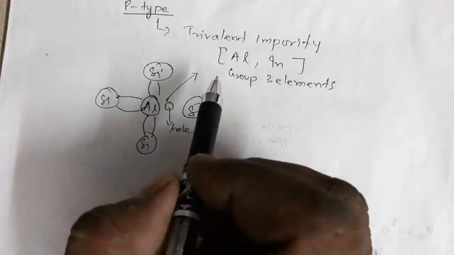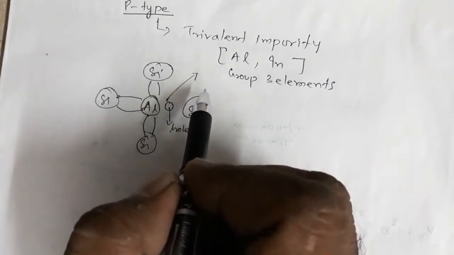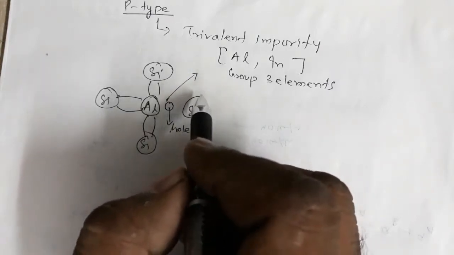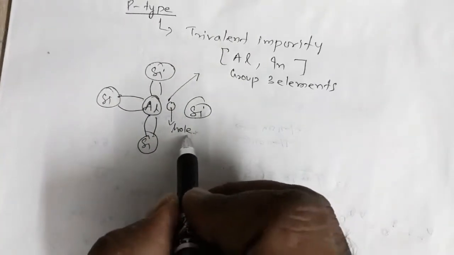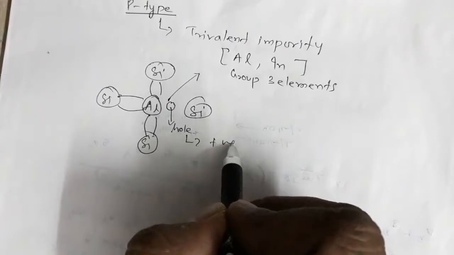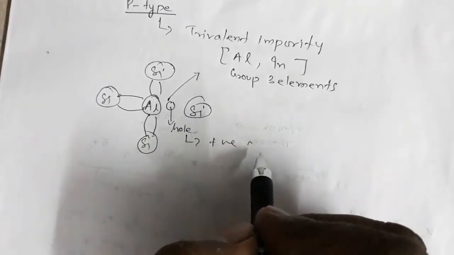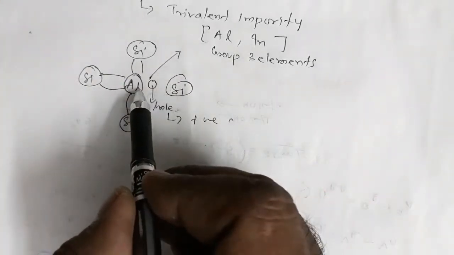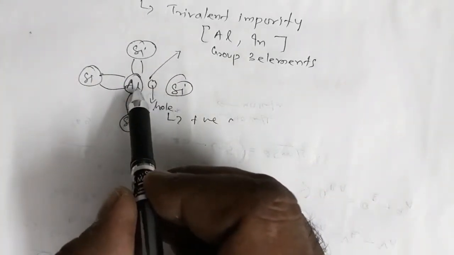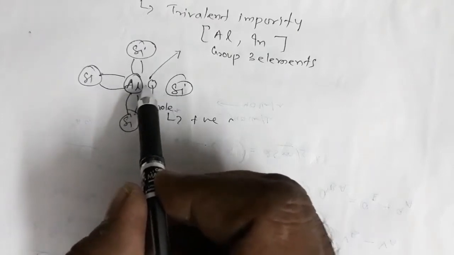Now like electron we assign a negative charge, so for the absence of an electron we assign a positive charge. So hole we assign a positive charge. Okay, positive sign. So the hole is positively charged. Now see here what happens: for each one aluminum atom added, there is a hole.